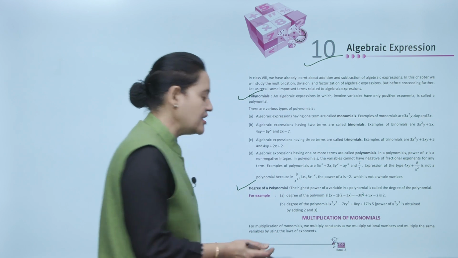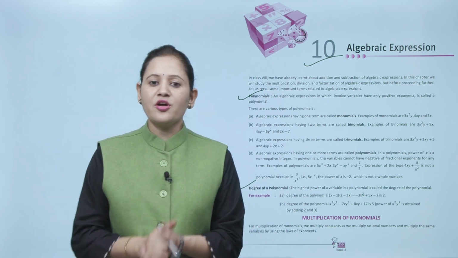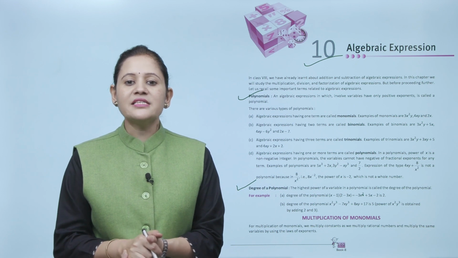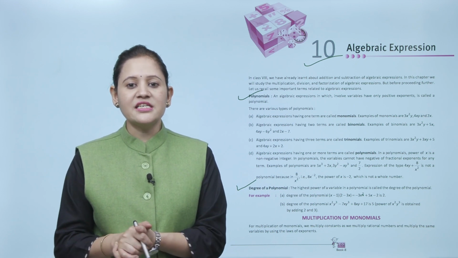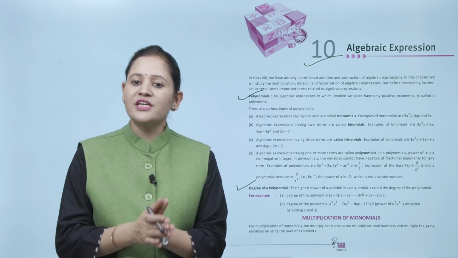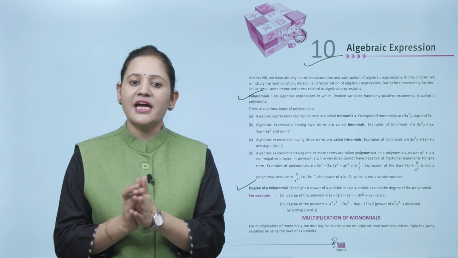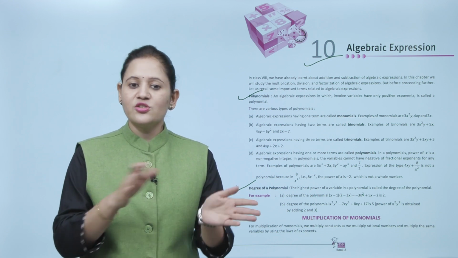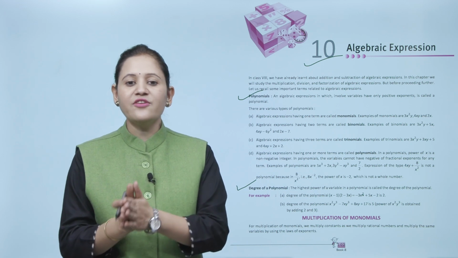So degree is 2. Degree of polynomial x square y cube minus 7xy cube plus 8xy plus 17 is 5, because the power of x square and y cube is obtained by adding 2 and 3. x's highest power is 2 and y's is 3. So we add them, and the degree is 5.